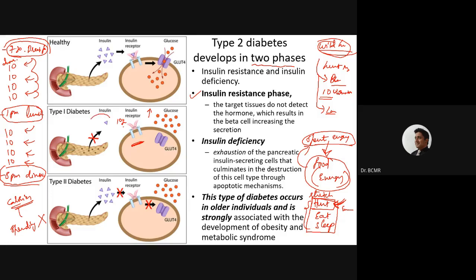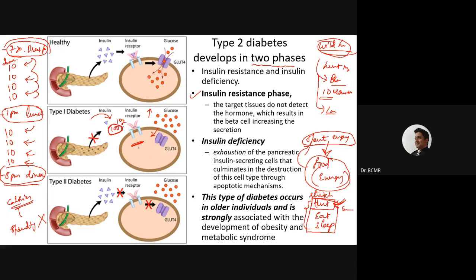That means more insulin is produced. So maybe 100. And then maybe you might take up a little glucose. So now your target cells are responding to 100 units of insulin relative to what would have been 10 units of insulin. So we are actually creating this resistance in our cells by overeating and spending less.